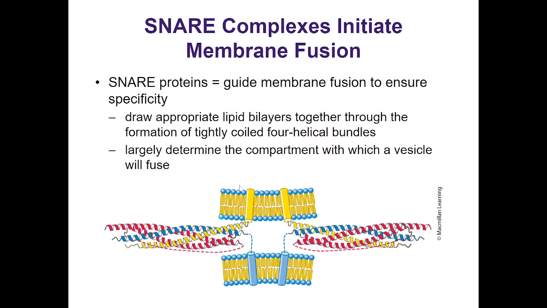And so you can see here that they basically have the start of the lipid bilayer here for the vesicle to fuse to and for the cell membrane to fuse to, right? And then they have these alpha helix structures to merge the two and cause them to get pulled in.